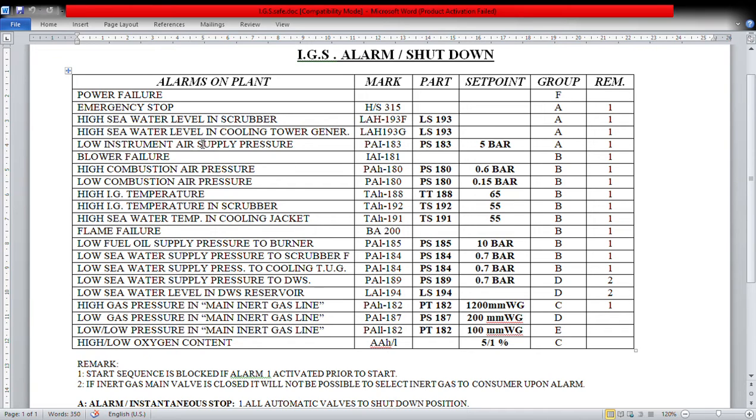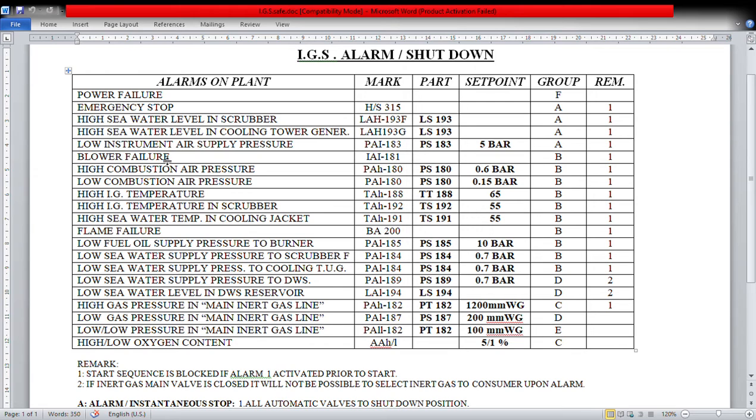High seawater level in scrubber, so we have a scrubber tower. Then high seawater level in cooling water, cooling tower generator, low instrument air supply pressure, blower failure. Now we can have two categories of IG, from the boiler uptake or from the blower itself, that is from the atmosphere.